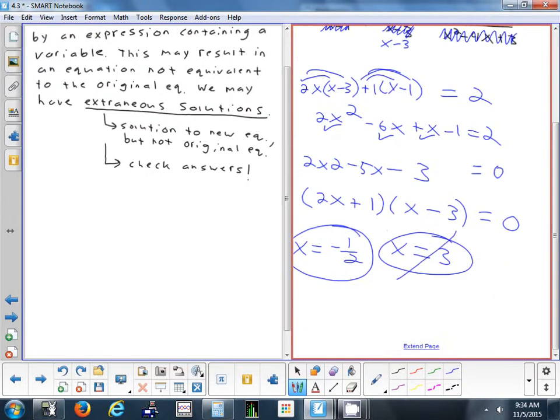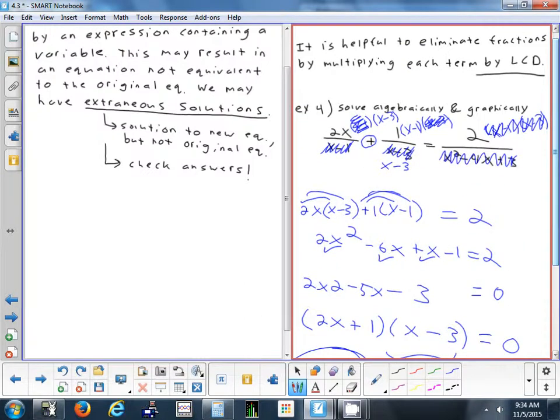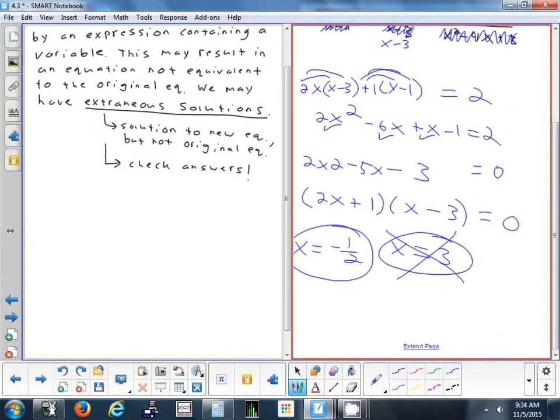This is an extraneous answer. So if you get this far on the test and you forget to cross this one out, you're going to lose 1 point. So make sure you cross that answer out. It doesn't work. The negative a half, if you plug it back into all the denominators, it works fine. So this is a case where one works, one doesn't.